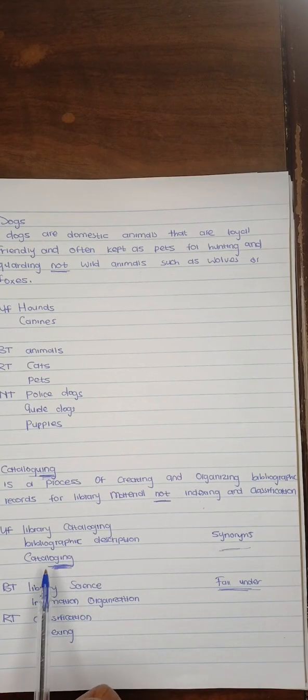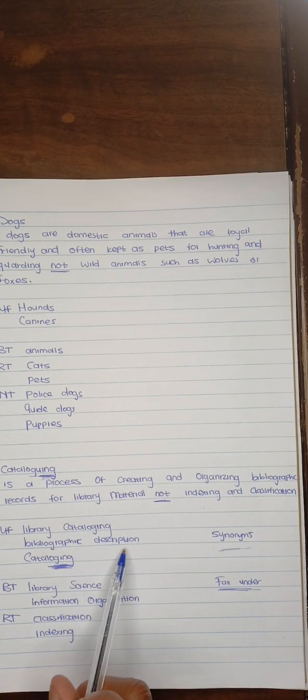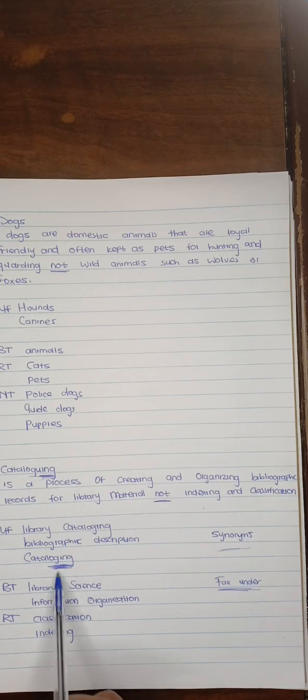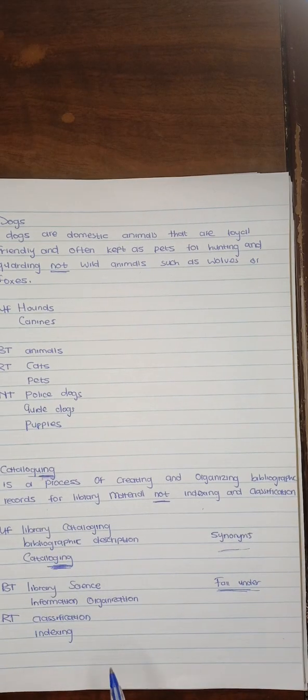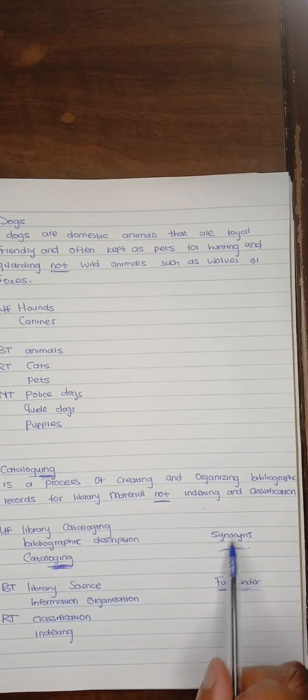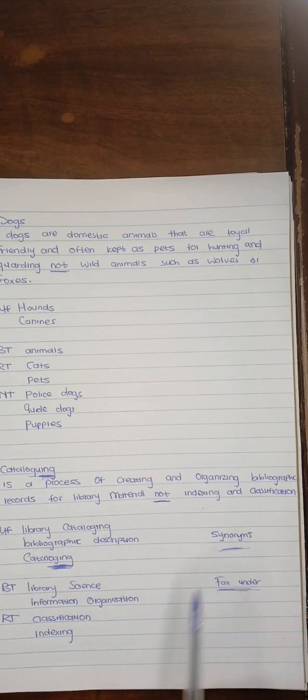They are different in spelling. After that, you must write the synonym, so you must not forget that use for is for synonyms.